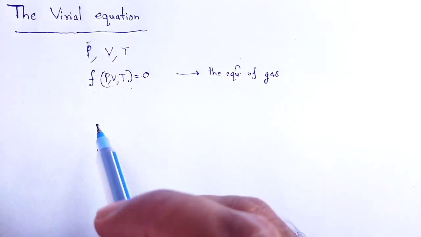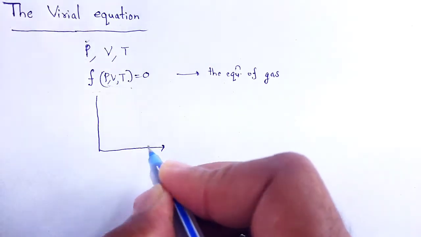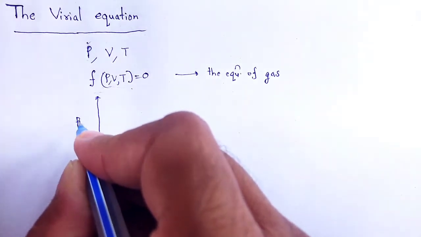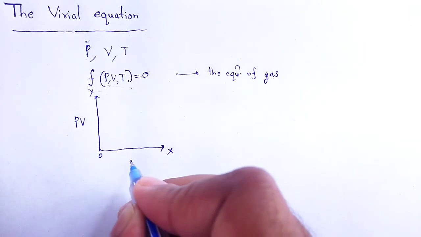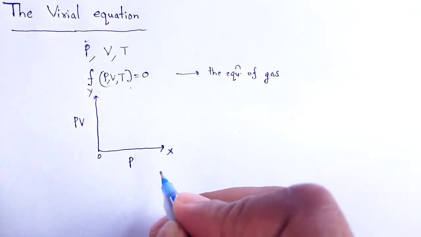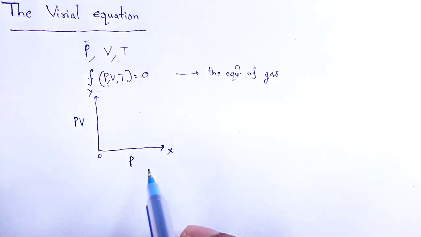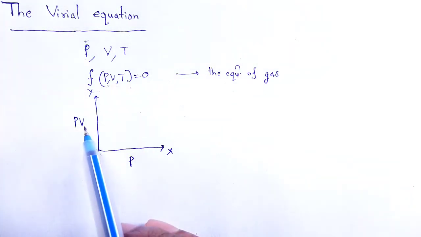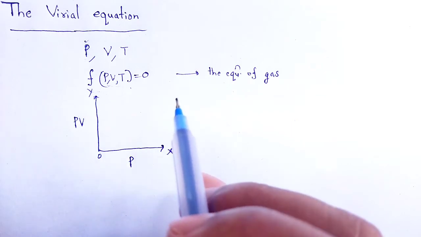In experiments, if we plot the graph between the product of pressure and volume on the y axis and pressure on the x axis, PV as a function of pressure at constant temperature, then a graph is plotted.